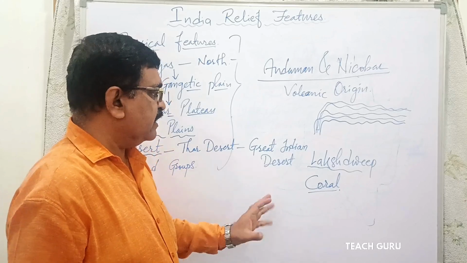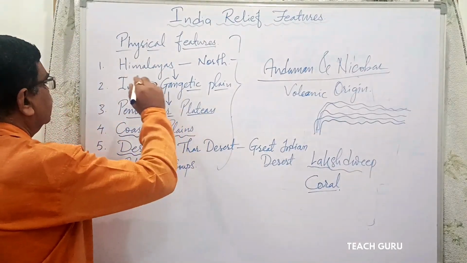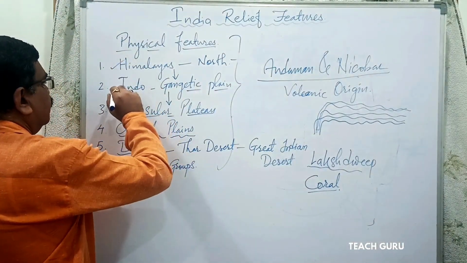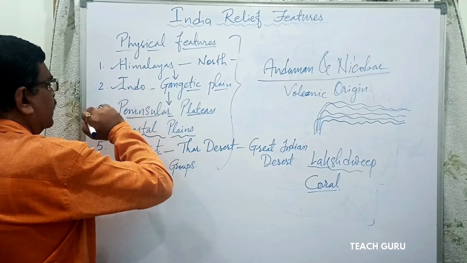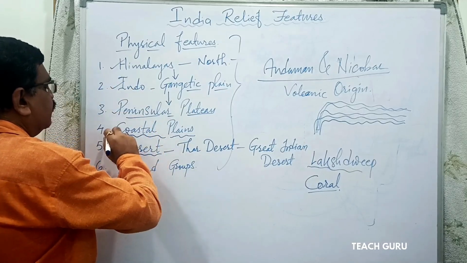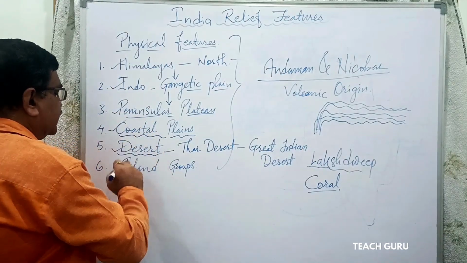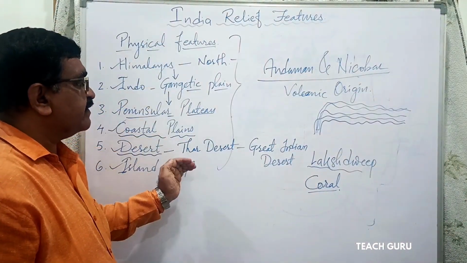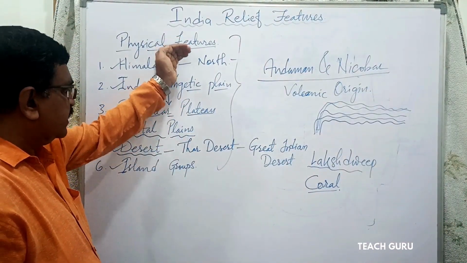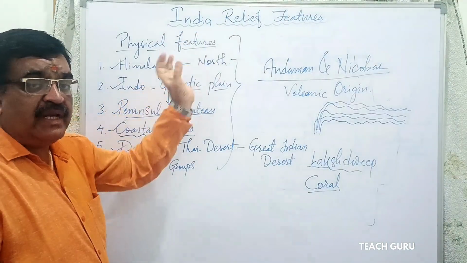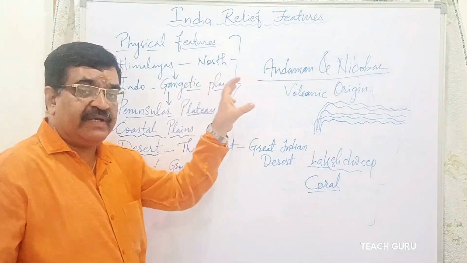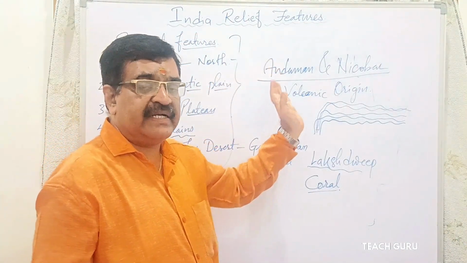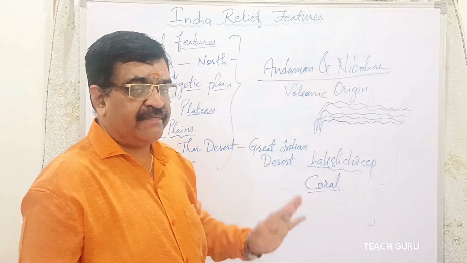And likewise in our India, these 6 physical features. First one is Himalayas, second one Indo-Gangetic plain, third one Peninsular plateau, fourth one coastal plains, fifth one desert region, sixth one island groups. These 6 physical features or relief features will affect the climate, weather and the atmospheric condition of the total India.